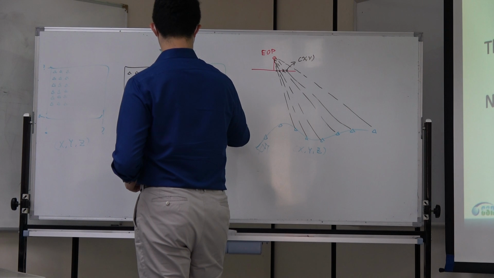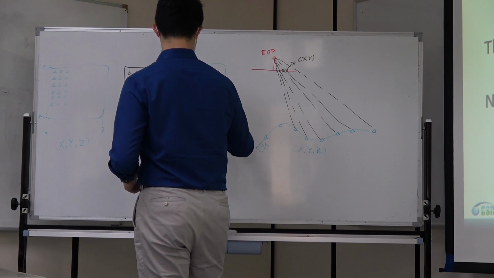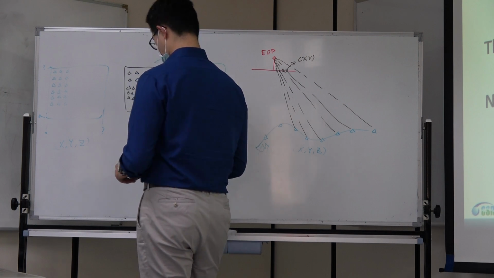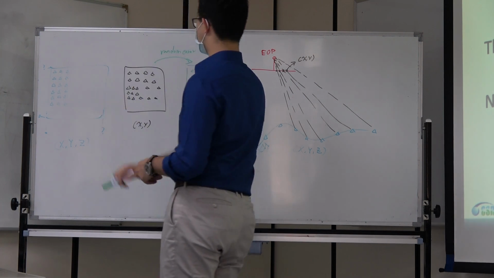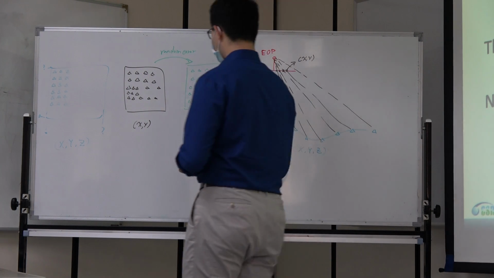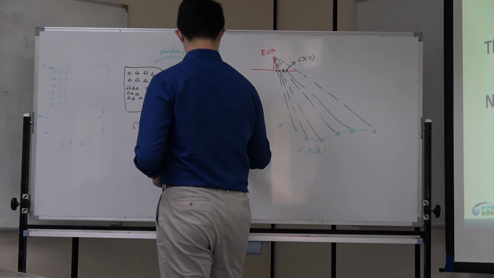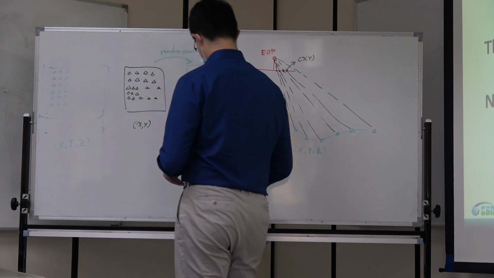You may slightly change where those image coordinates are. So by adding the random error, you can have the new set of image coordinates, x and y with arrow.